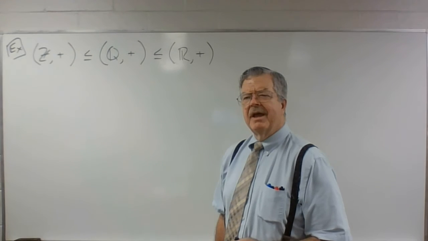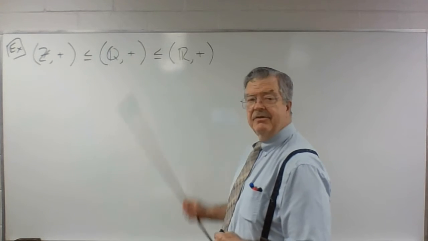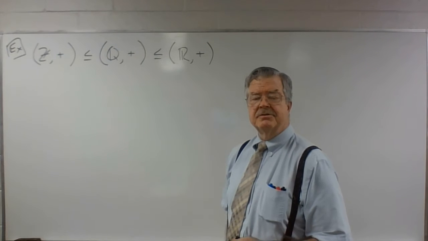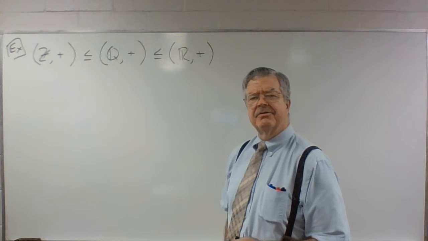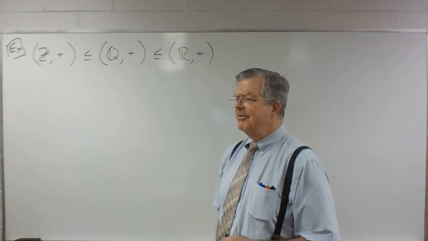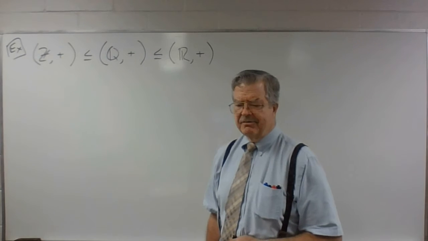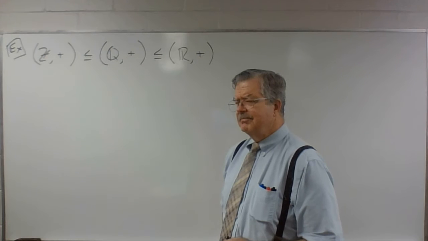We have to have an identity, and 0 is the identity of the real numbers. And every element has to have an inverse. The inverse of an element x in the real numbers is negative x. So the real numbers are a group.